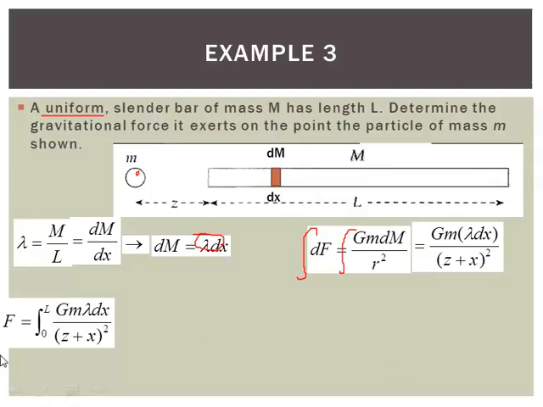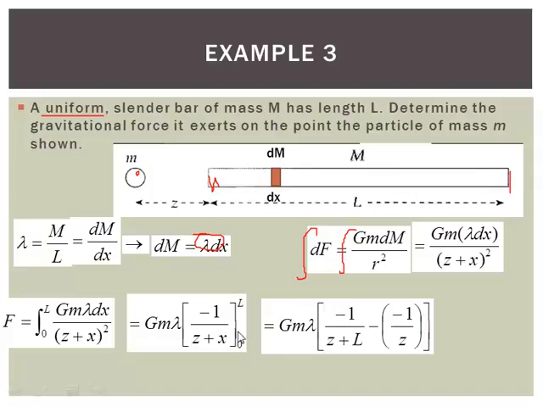So we integrate both sides from 0 to L, and I'm going to take out anything that is a constant. G is a constant, m is a constant, and lambda is a constant. If you integrate it, you get negative 1 over z plus x.